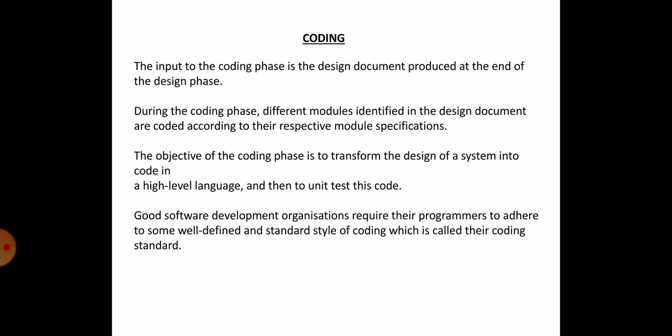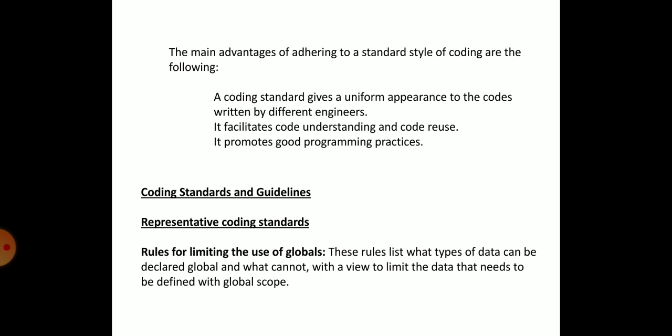There is a difference between coding standards and coding guidelines. The coding standards have to be followed by the programmers, and adherence to a particular coding standard is always verified before the testing phase starts.